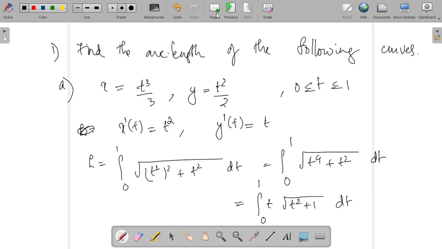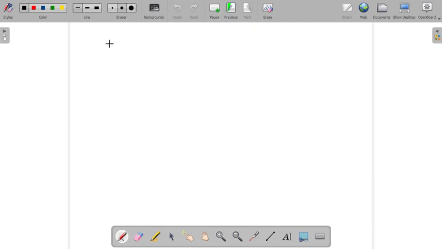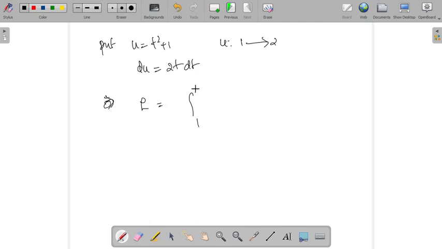Now let us put u equal to t square plus 1. So u will vary from 1 to 2. du will be 2t dt. So therefore L will be equal to integral 1 to 2 of root u into du by 2.